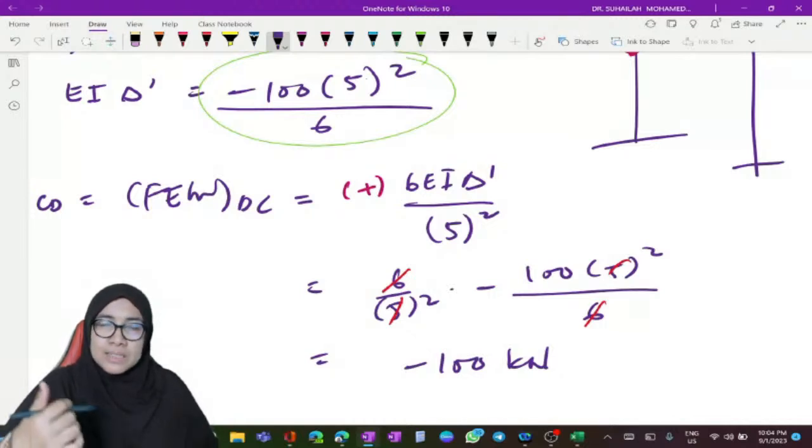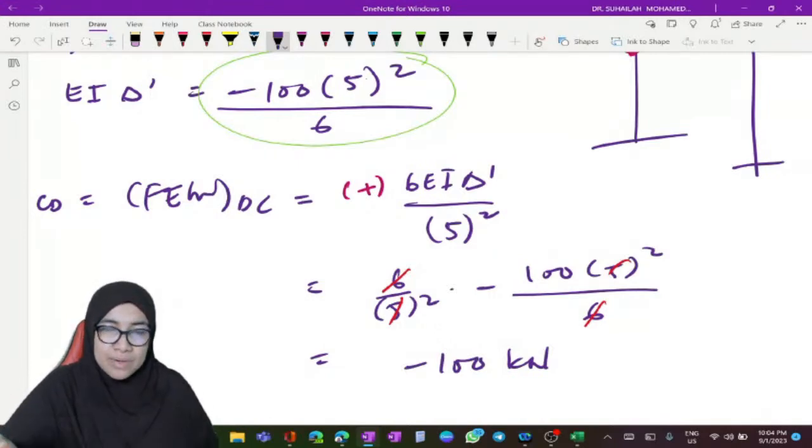The formula is 6EI delta over L squared. So the ratio will depend on EI, on L, and on delta. Now this is the case where EI is constant and L is the same. That is why the ratio is 1. When the ratio is 1, we get the same answer, negative 100.